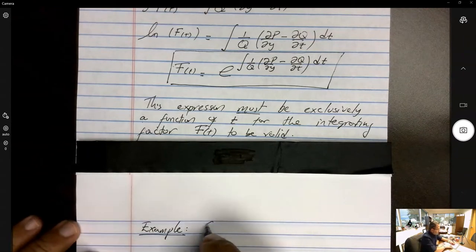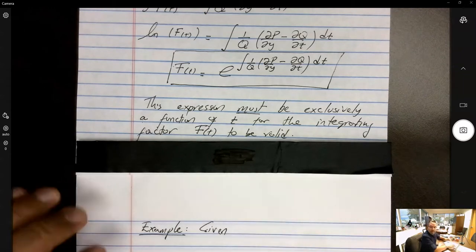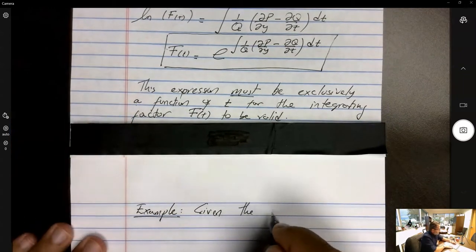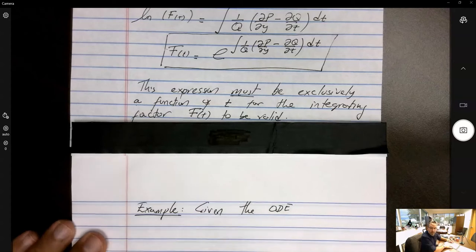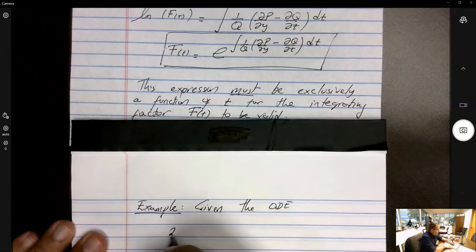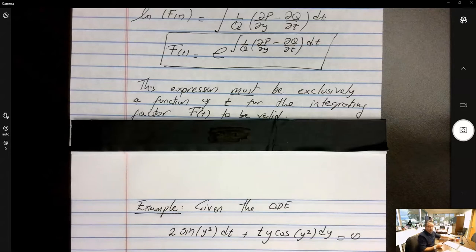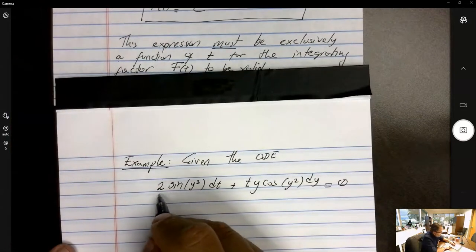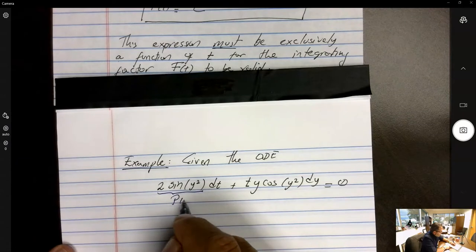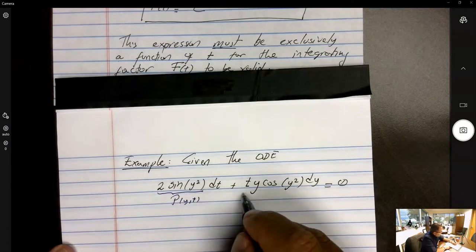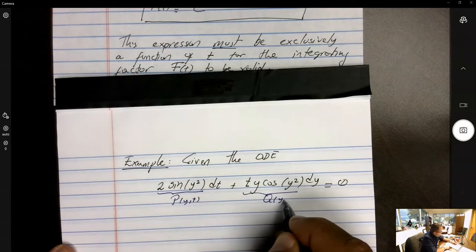So given the ODE, and I'm gonna give it to you already written in this form. So it's already given in the form where we have P of y and t and Q of y and t.